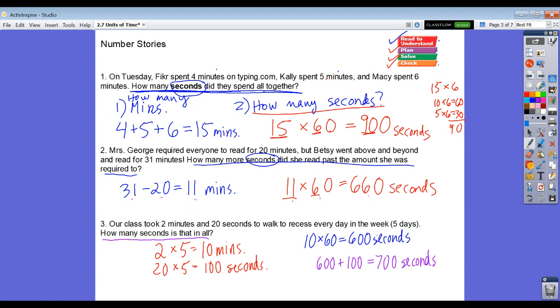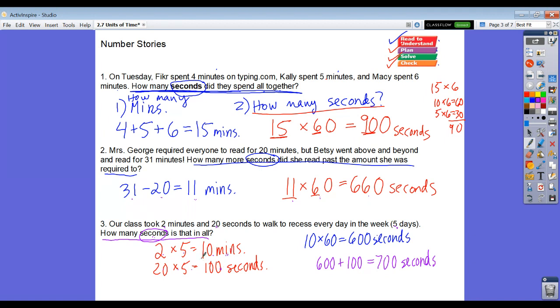All right, so the first thing I did was I knew we were doing this 5 times because there are 5 days in the week. So I took my 2 minutes times 5, and I knew that was 10 total minutes. And then I also took my 20 seconds times 5, and I knew that was 100 total seconds. Now I looked and I saw, oh, they want my final answer in seconds. So this 10 minutes is not going to work.